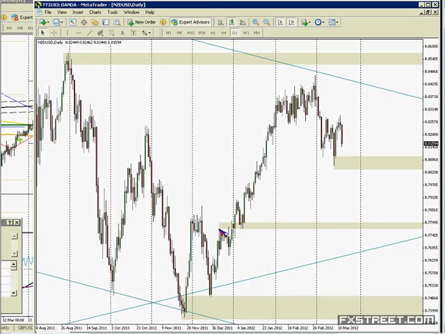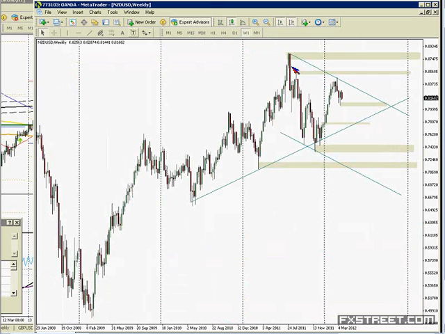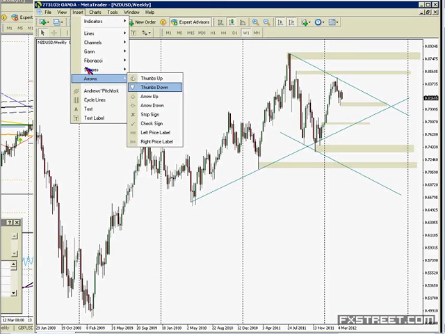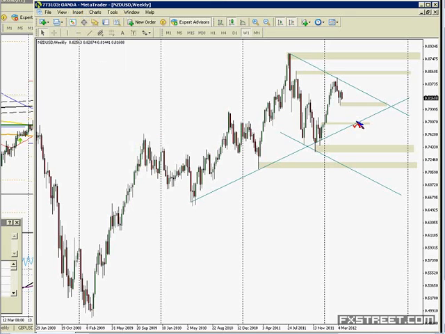We see initially here a resistance, a break of resistance, and a retest of the new support. So that led us with a level here, which we may consider later when this level becomes confluence with that line. Okay, so we may mark this level on the chart.